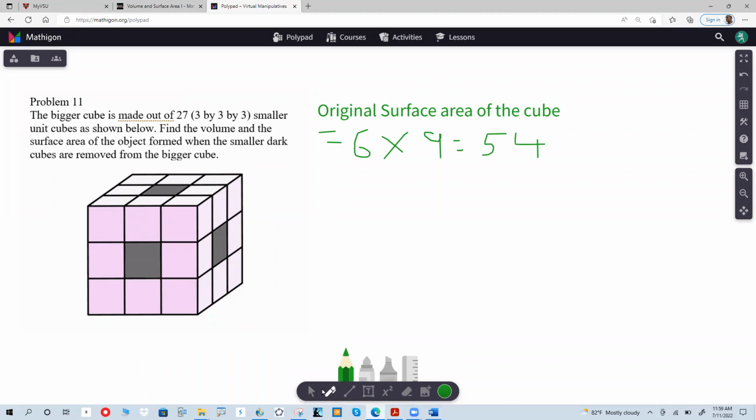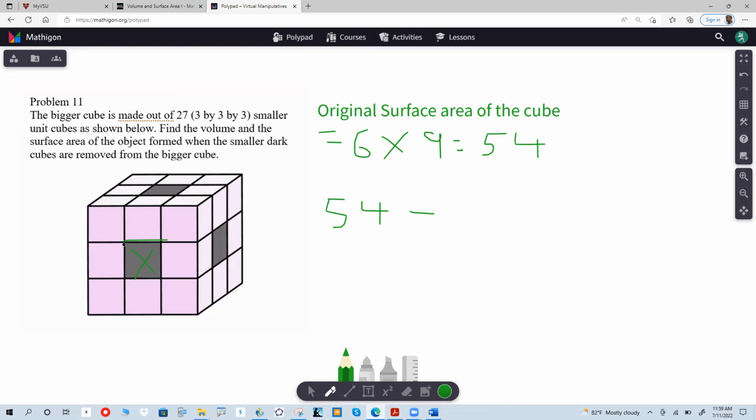This is where it gets hard. When I remove this gray cube, what happens to the surface area? What happens to the number of squares that are visible? When I remove that cube, I lose 1 square from 54, but I gain 5.